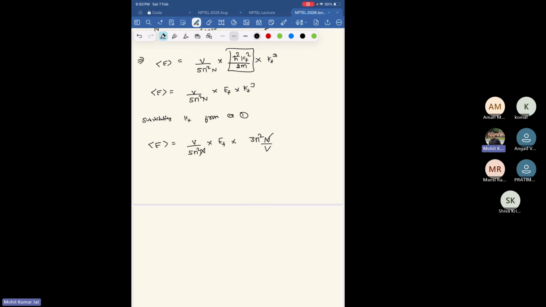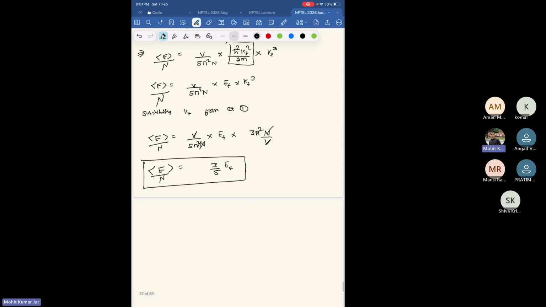So n cancels, V cancels, π² cancels. This is the standard result: the average energy per particle in the system, E/N, is nothing but 3/5 times the Fermi energy. This is the average energy of the electrons in the system.